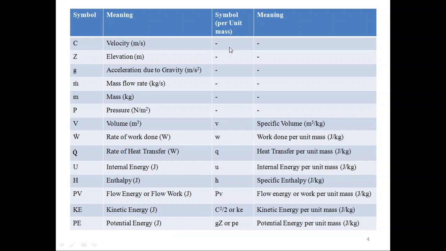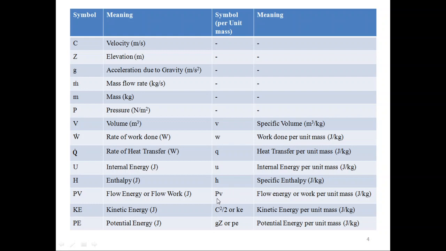Symbols per unit mass: small v represents specific volume in meter cube per kg. Small w represents work done per unit mass in joule per kg. Small q represents heat transfer per unit mass in joule per kg. Small u represents internal energy per unit mass in joule per kg. Small h represents specific enthalpy in joule per kg.